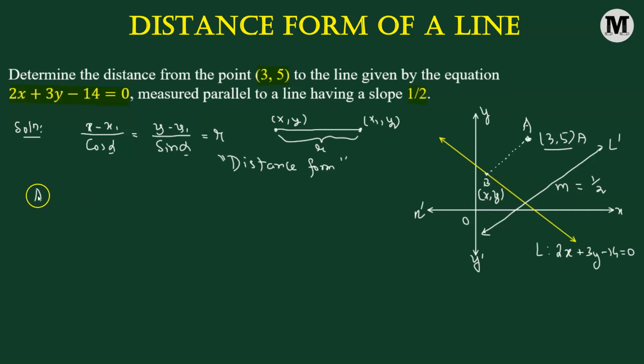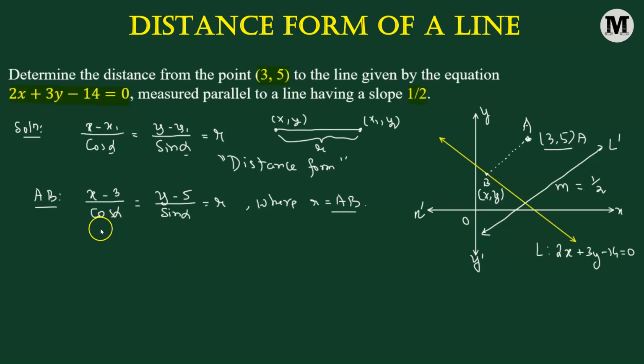We're going to apply the distance form to the line segment AB. Let x1 and y1 correspond to the coordinates of point A. So (x - 3)/cos α = (y - 5)/sin α = r, where we are considering r to be equal to AB, and that's exactly what we need to obtain here. We need to find the length of AB.